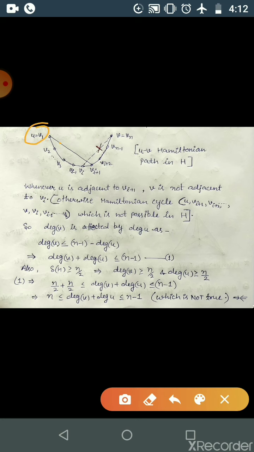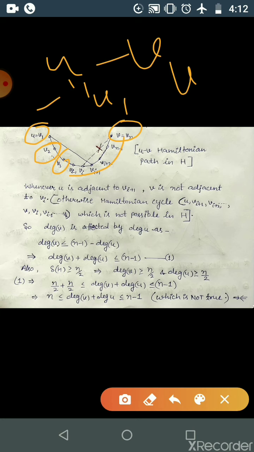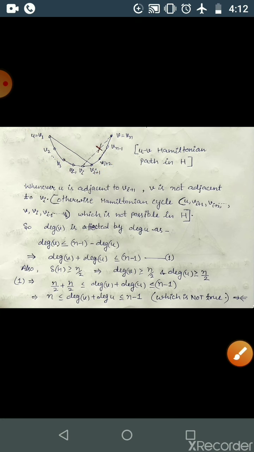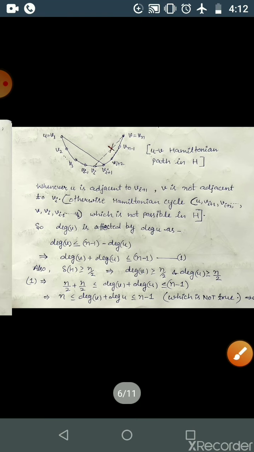So V1, V2, V3 and so on up to Vn, a path Pn. Here we take U as V1 and V as Vn, and the rest of the vertices are in between. Now you have this path.